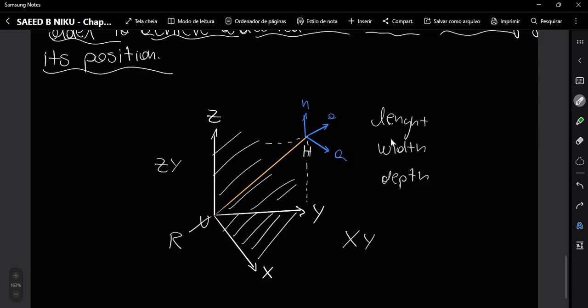But let's keep trying to interpret this statement.